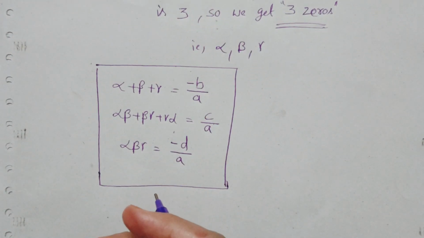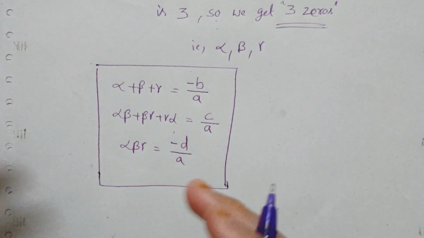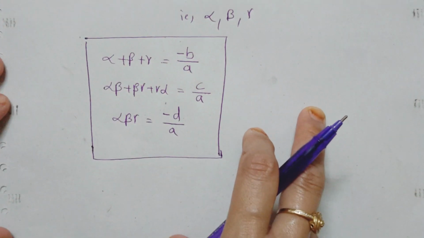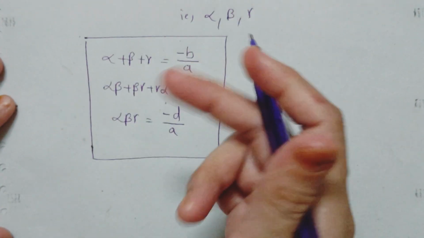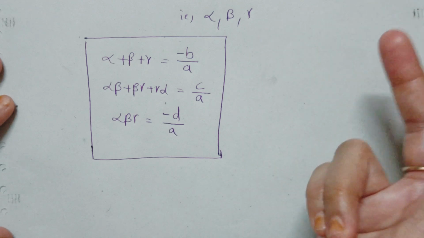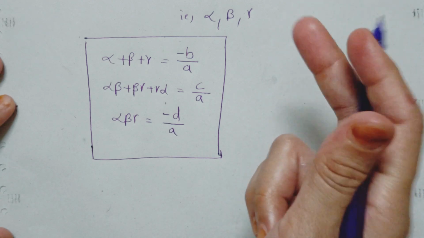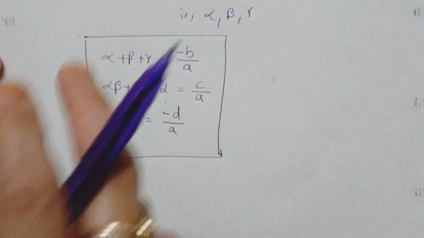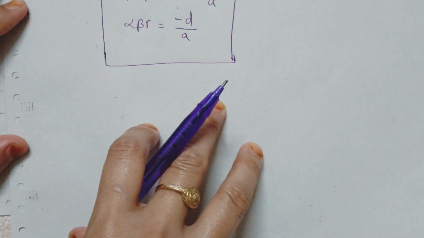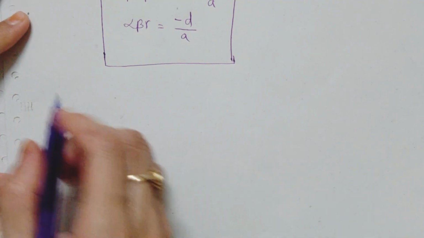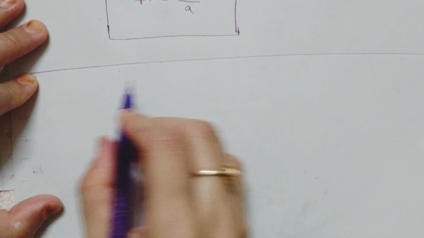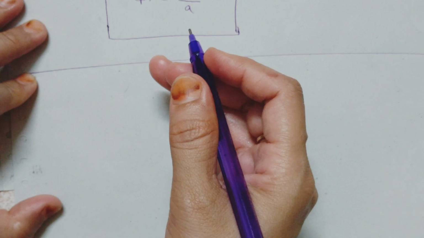Now we'll move to the example problems. Before that, let me tell you one important topic. Sometimes the examiner will directly give the values of alpha and beta and ask you to make a quadratic polynomial. In that case, how do we find the quadratic polynomial?